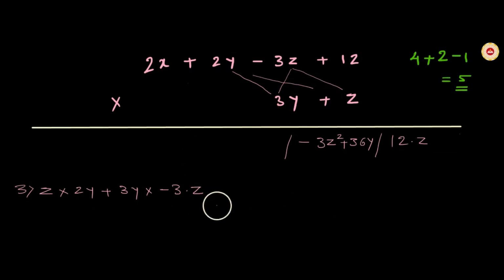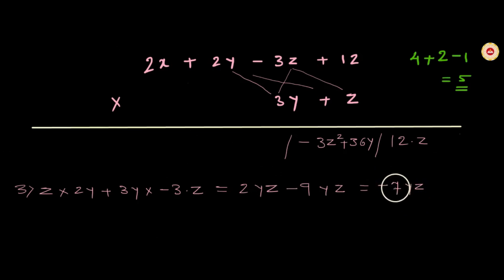Solving further, z multiplied by 2y is 2yz, minus 3 multiplied by 3 is minus 9yz, which is equal to 2yz minus 9yz, minus 7yz.